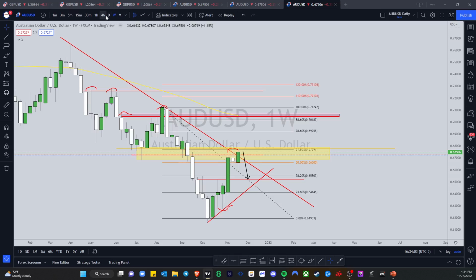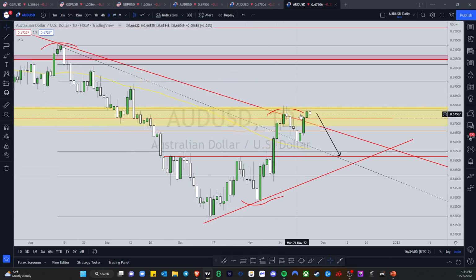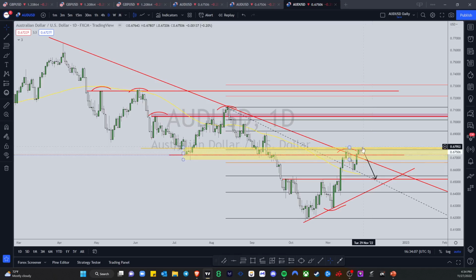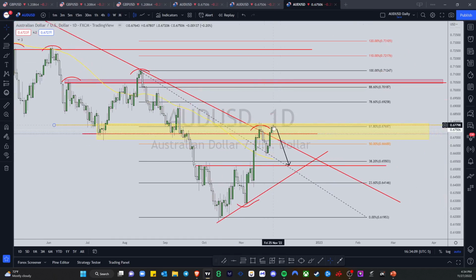So we're anticipating this price should be rejected on a daily chart and retest that level of resistance that was broken on a daily chart. If it retests and finds support on this red line right here, then on lower time frame we should expect a break of structure, right?